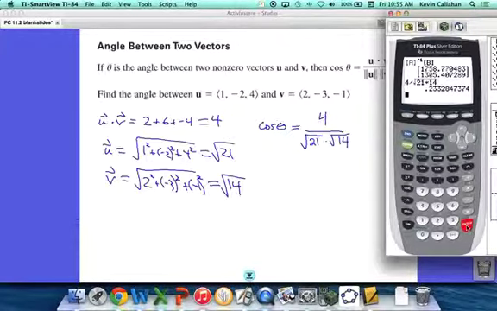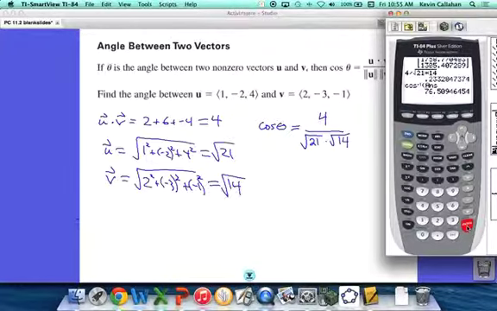Okay, once you've got the cosine of theta is 0.2333, then you find the angle by using cosine inverse, the second function of cosine. That gives 76.5.